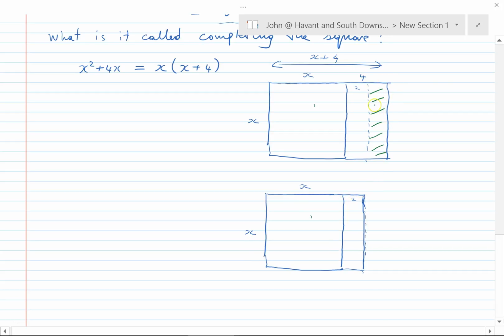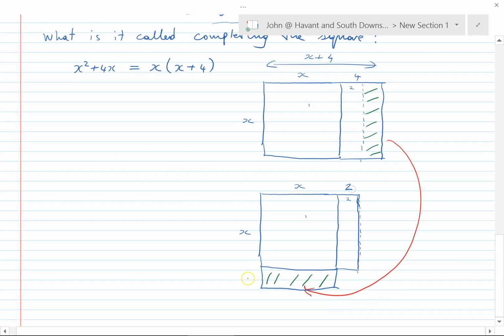If I then rotate that, remember this is an x by 2 strip here, so I can fit that along here because it's x from here to here and here to here. So I can kind of rotate that and fit it onto the side here. So like here. So now I have 2 here, I have a 2 there and 2 there.